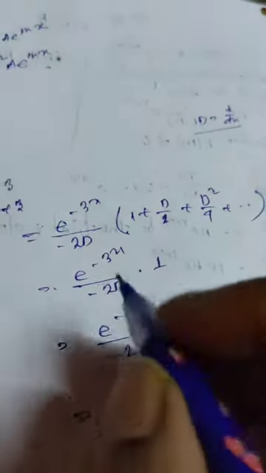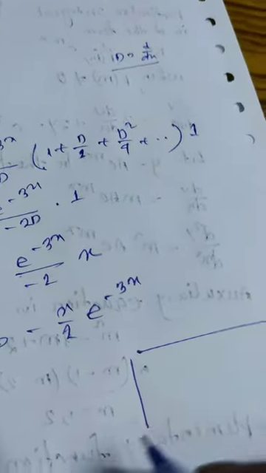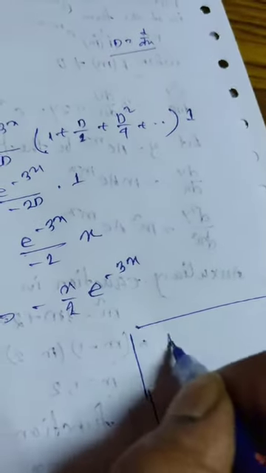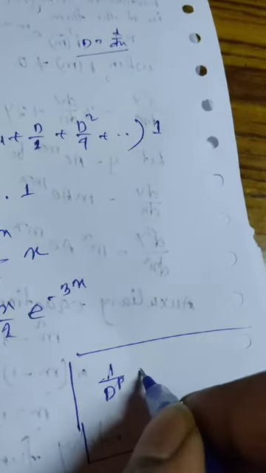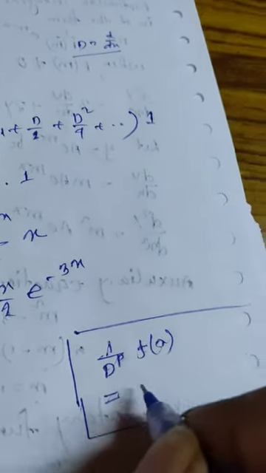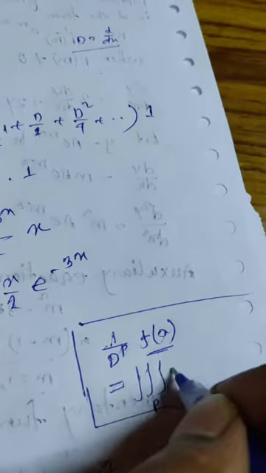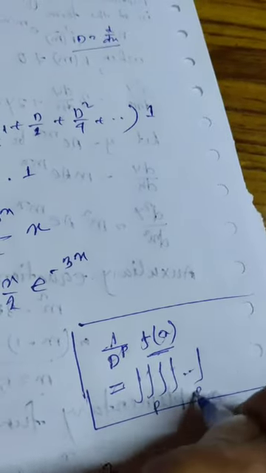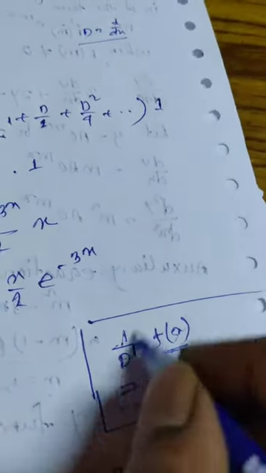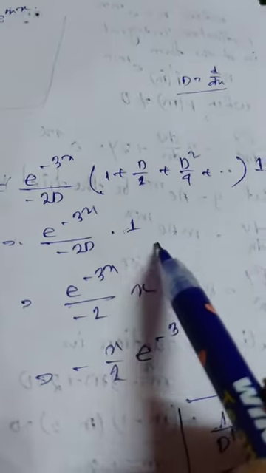Now how can we operate this? Here you have to remember one formula: 1 by D to the power p of any function f of x means we have to integrate this f of x p times, whereas D to the power p means we have to differentiate the function p times. Here 1 we can consider as x to the power 0.